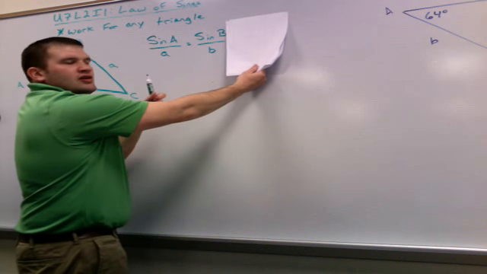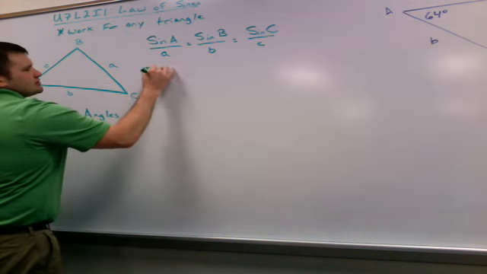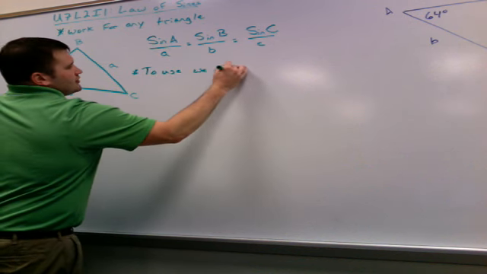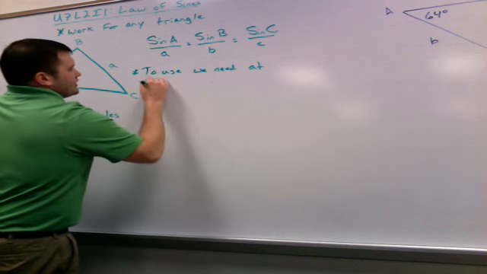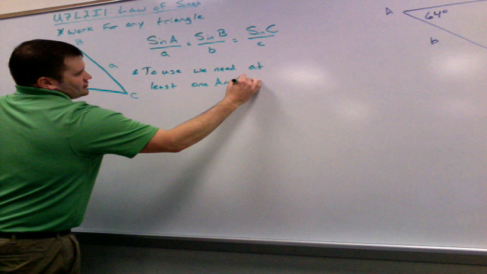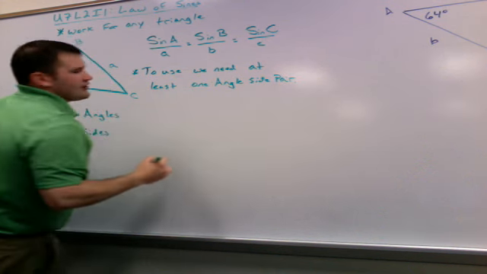So in order to use the law of sines, you need to have at least one angle side pair. Now, what do I mean by angle side pair?